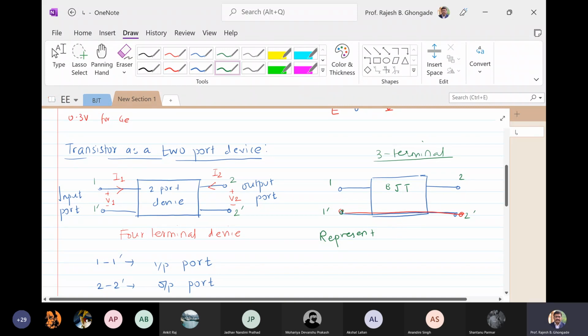I have to make one particular port common to both input as well as output.